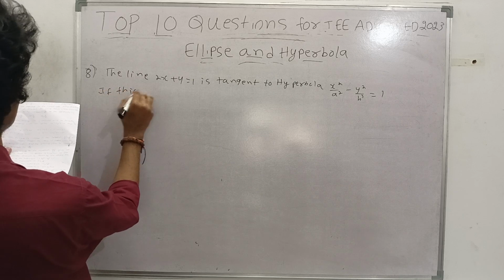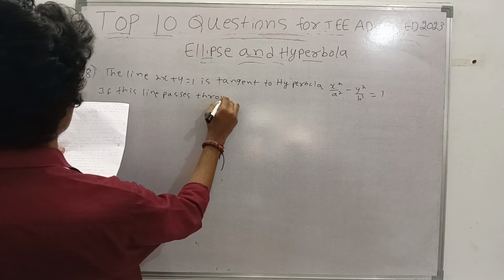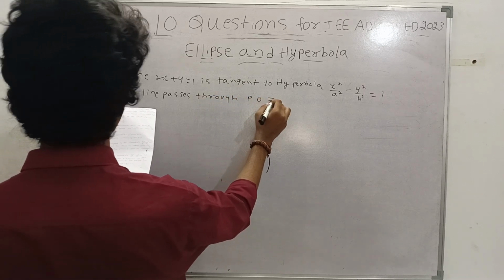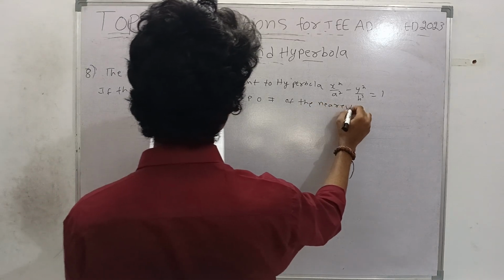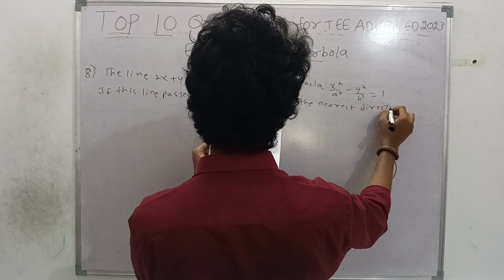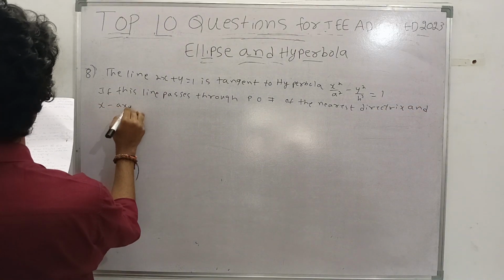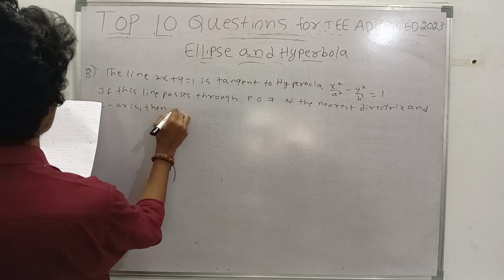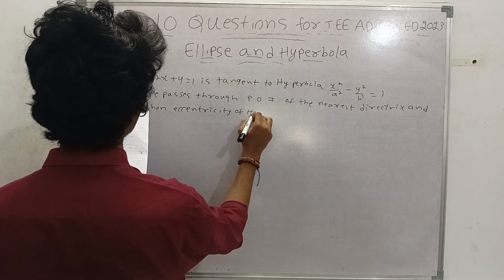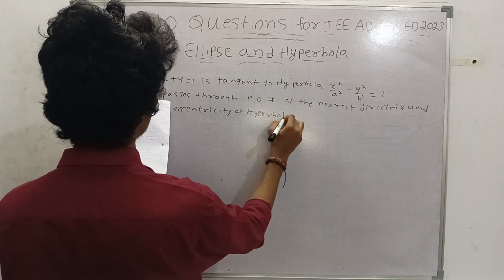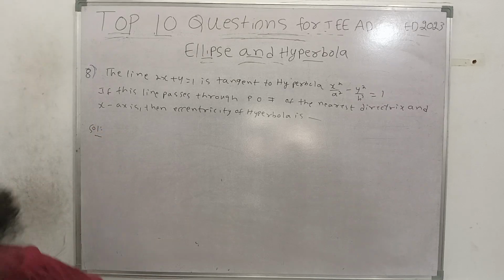If this line passes through the point of intersection of the nearest directrix and the x-axis, then the eccentricity of the hyperbola is dash. This is an integer type.